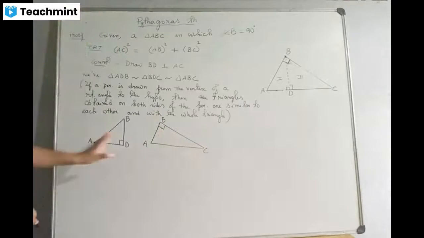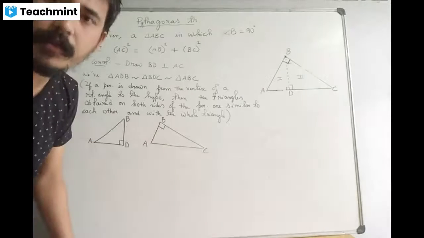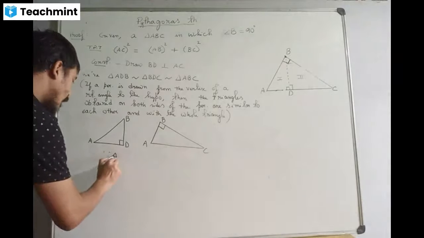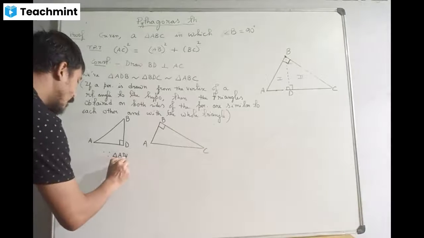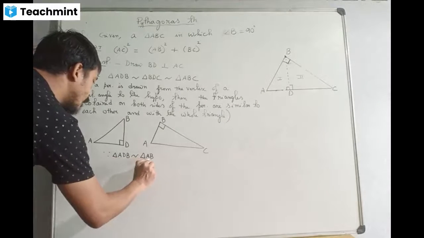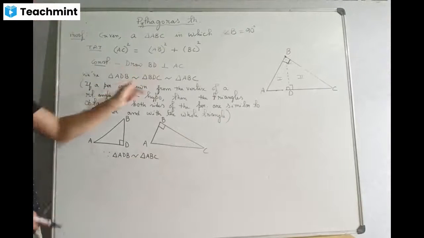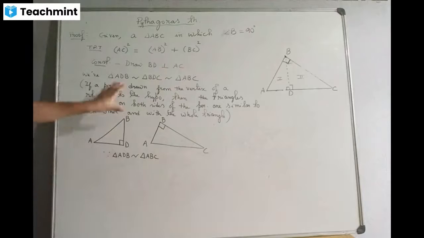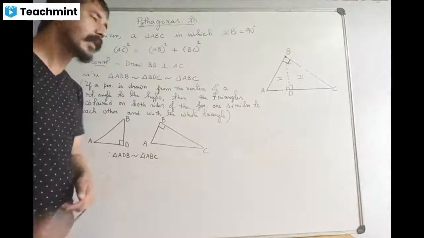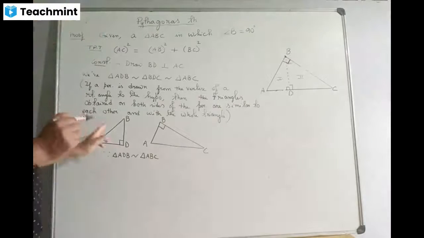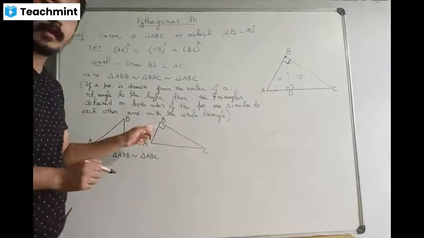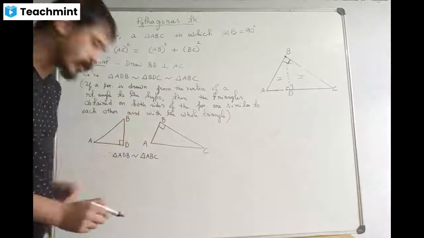Now we have already seen that they are similar to each other, right? So since triangle ADB is similar to triangle ABC, as we have seen above, and I have written why they are similar, I will just directly say that ADB is similar to ABC.